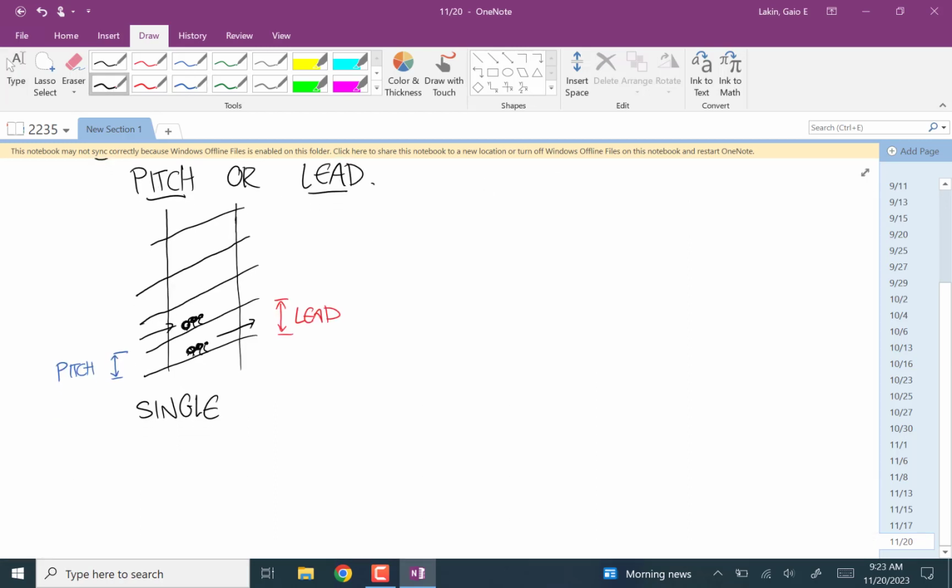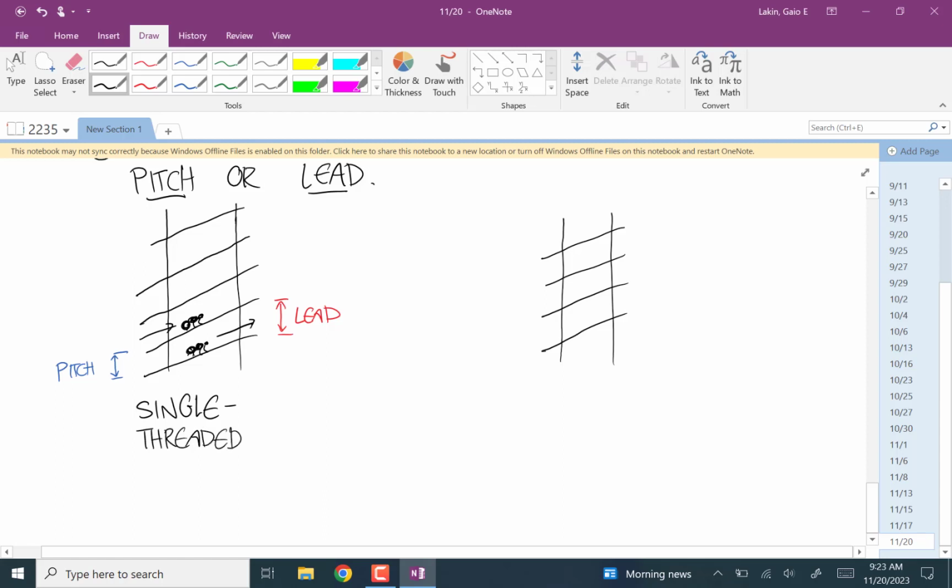But there are also cases where you have a double-threaded screw. So this is single-threaded. When you have what's called a double-threaded screw, you would see the ant here.